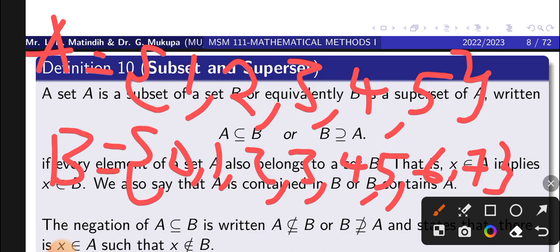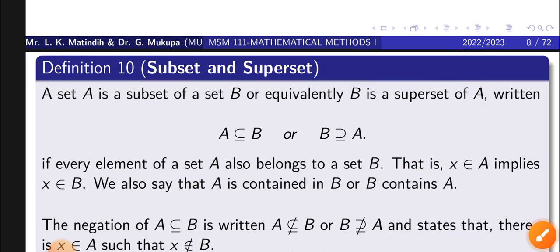We say x is a member of A implies that x is also a member of B. We say that A is contained in B, or B contains A.